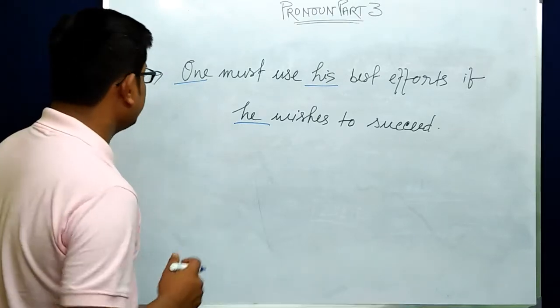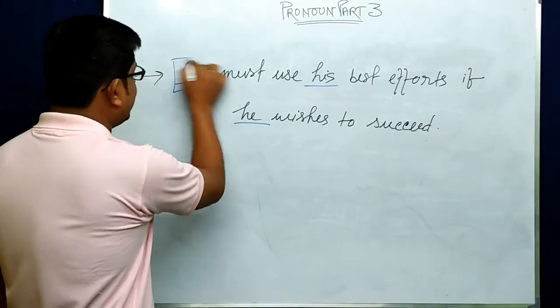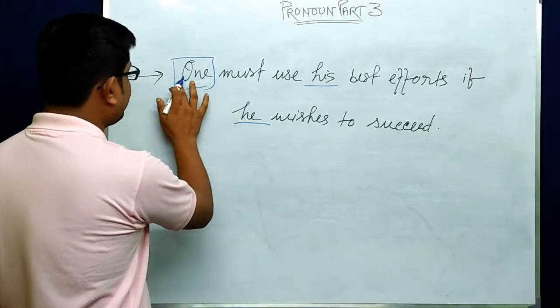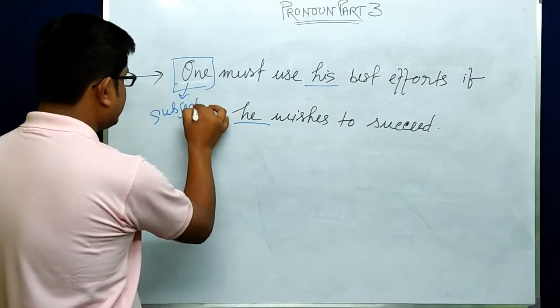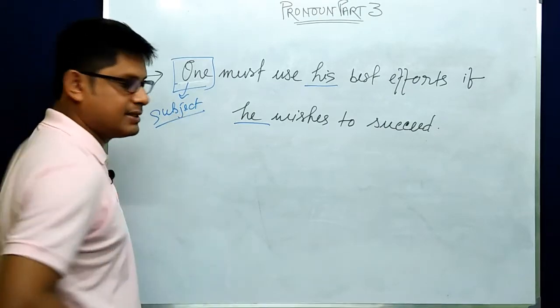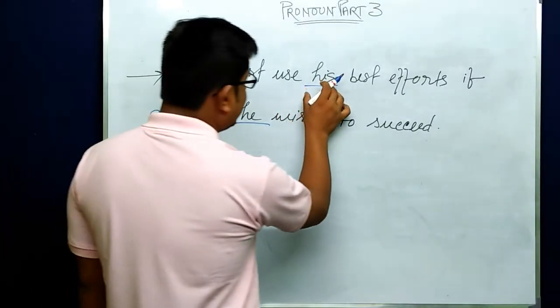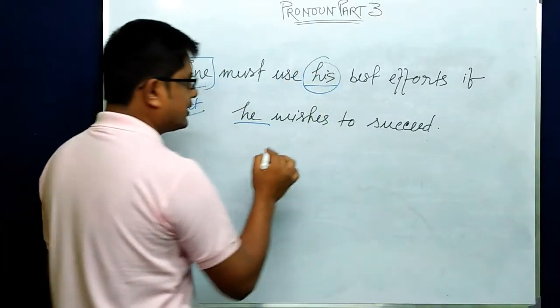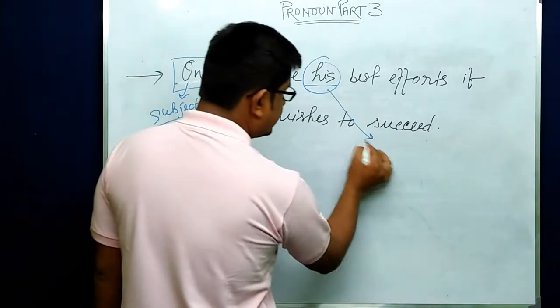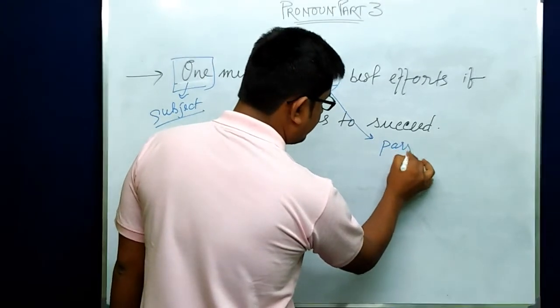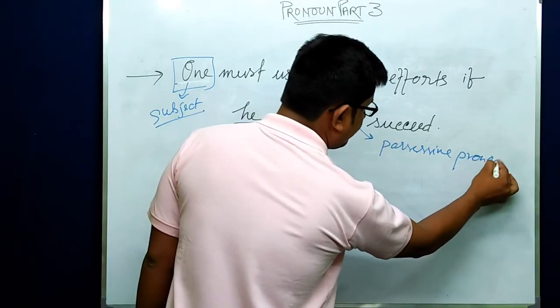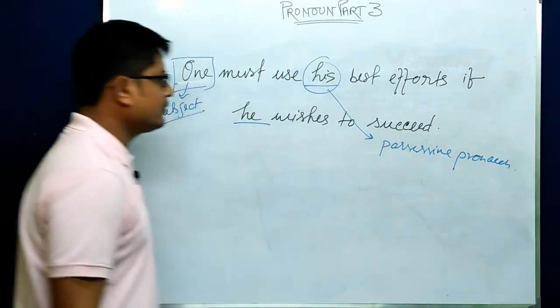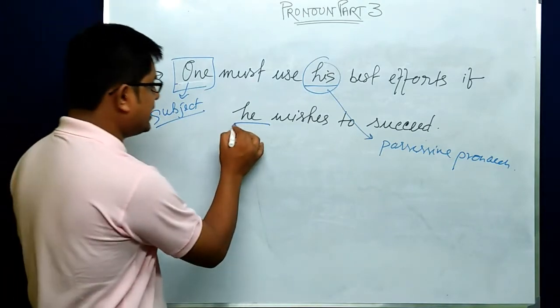Why? Let me explain. In this sentence I have used "one" as subject. Then I have used "his", another pronoun, and it is a possessive pronoun. Then I have used "he".